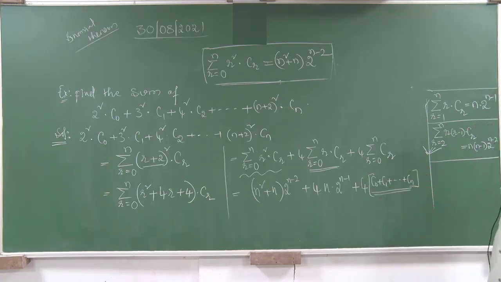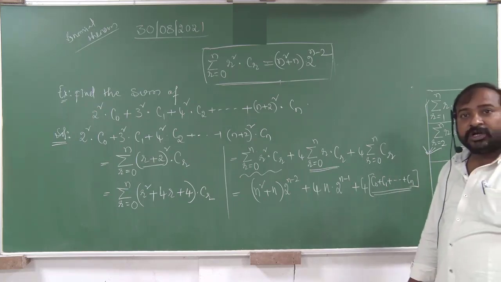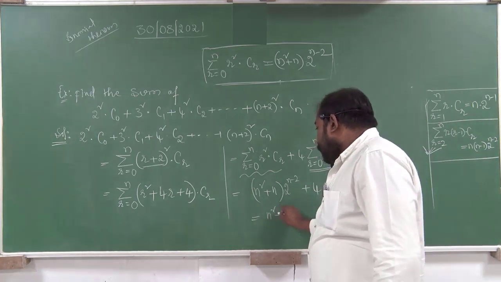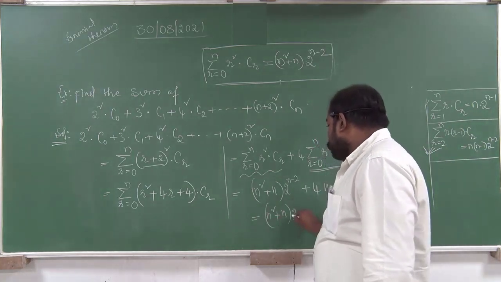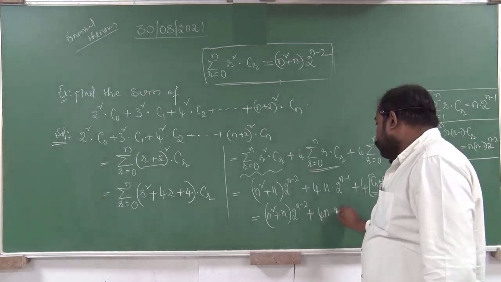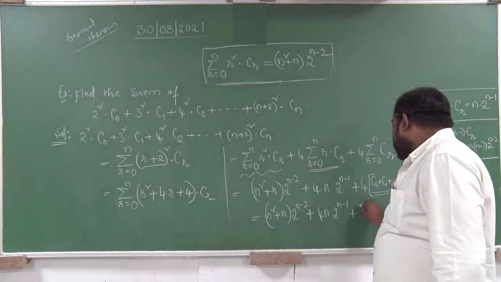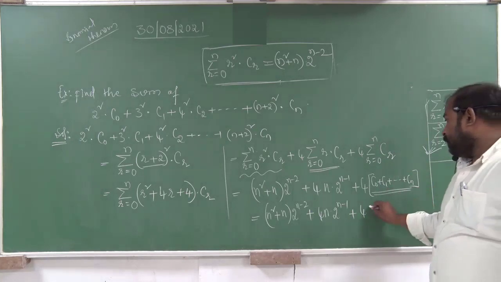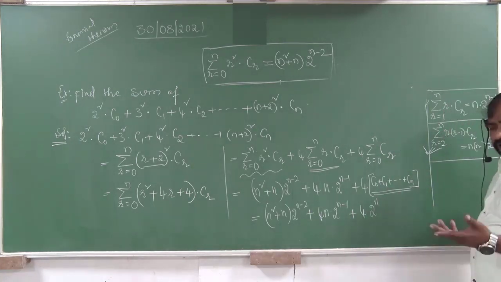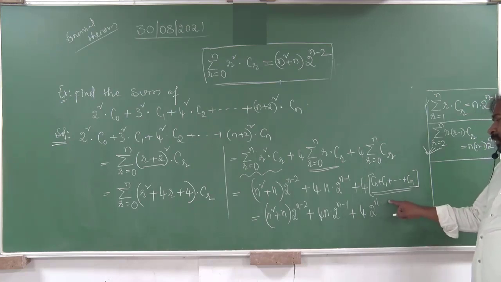And this is the formula we already gave in the beginning for binomial coefficients. This value is given by n square plus n into 2 power n minus 2, plus 4n into 2 power n minus 1, plus 4 into, this is nothing but 2 power n. If you want, you can simplify by writing 2 power n minus 2 into 2 square.